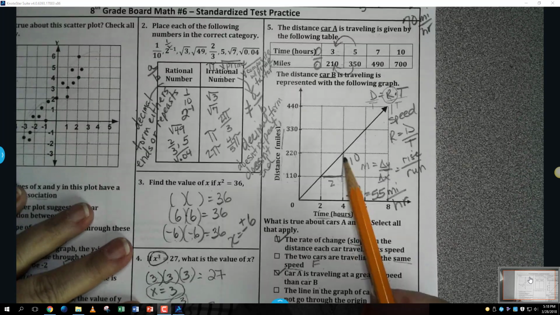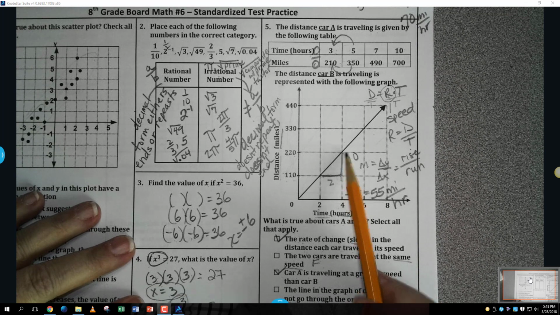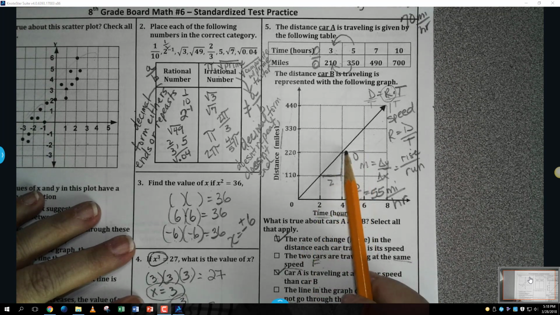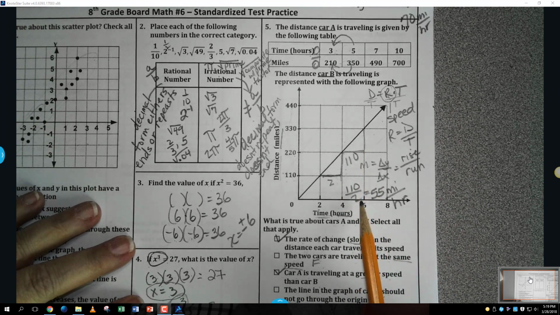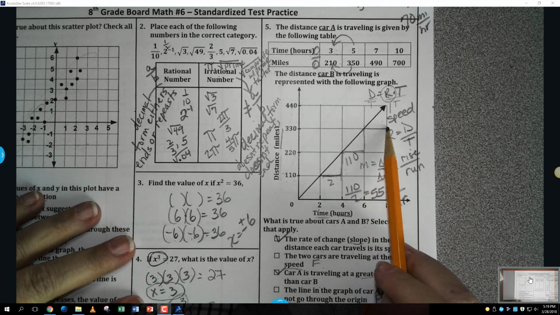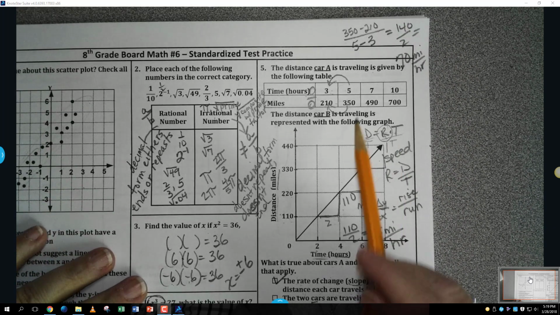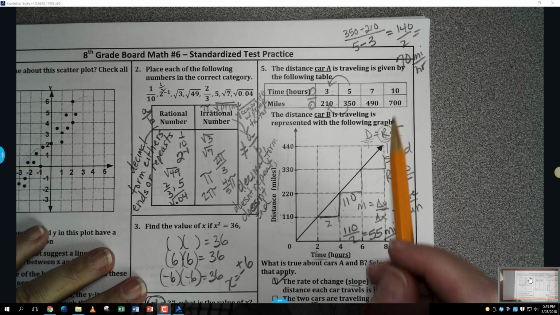It means that every time this driver goes 2 hours, they're going to do an additional 110 miles every single time. So right here, when they go these 2 hours, they go an additional 110 miles. So that is in proportion. Every time they increase by 2 hours, they go the same number of miles. That's really easy to see on the graph.